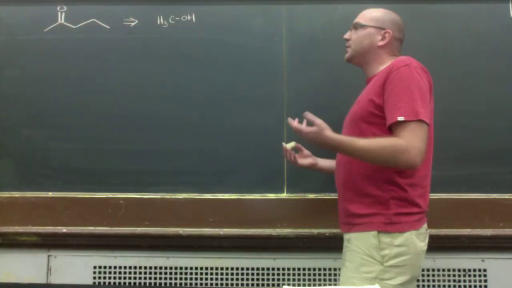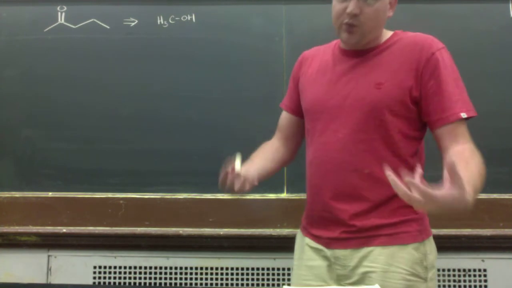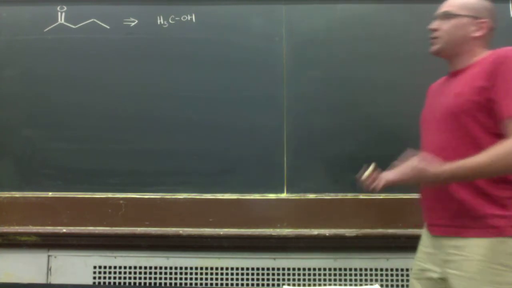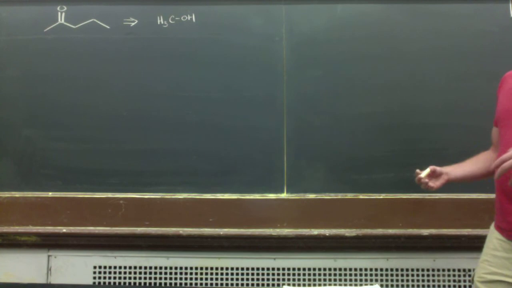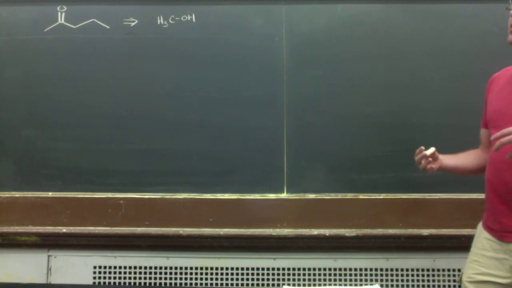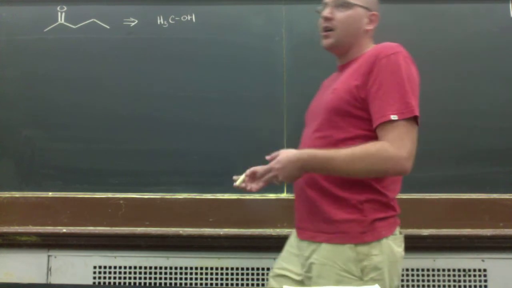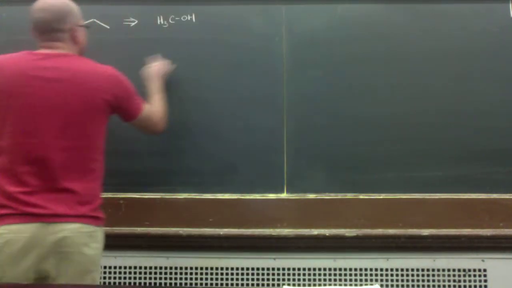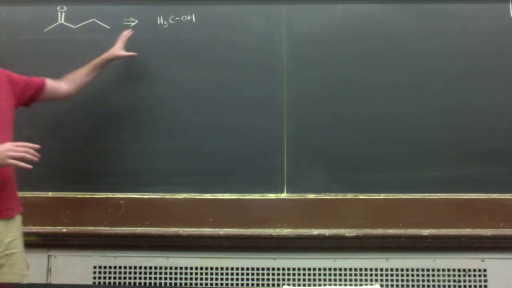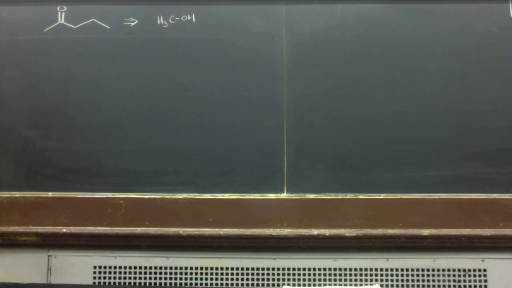So, from the standpoint of going over some synthesis problems to practice what we've learned to date, we could start thinking about this in a way that puts a little bit of a twist on the synthesis problems that we've done. Now again, we could imagine doing this problem by making every single methyl group from methanol.